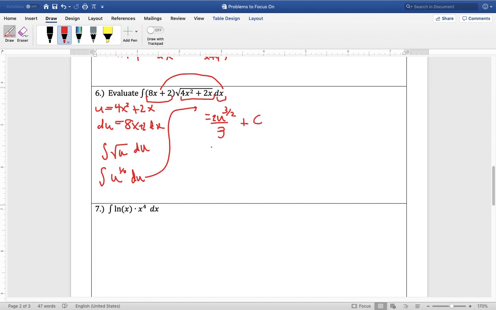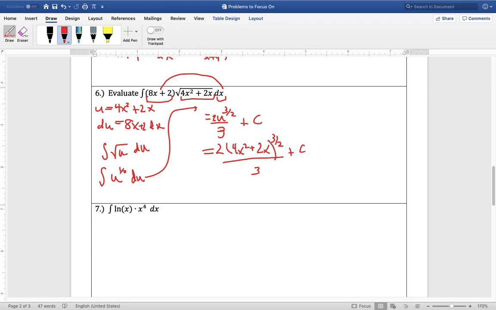Don't forget that. Okay, then we're going to replace this u with the 4x squared plus 2x. So it's 2 times (4x squared plus 2x) to the 3/2, all over 3, plus c. There you have it.